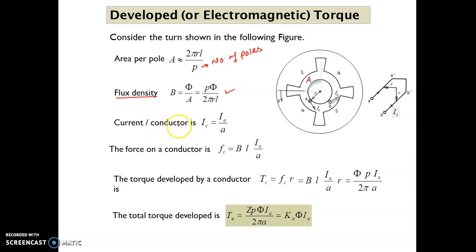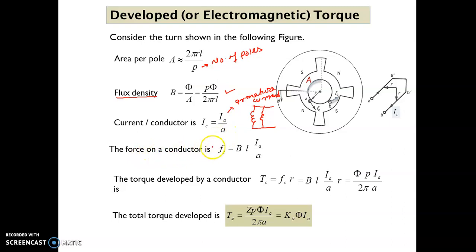Now the current per conductor: there are A parallel paths, and the conductors are placed in the parallel paths. Here Ia is the armature current, so the current per parallel path will be Ia by A.